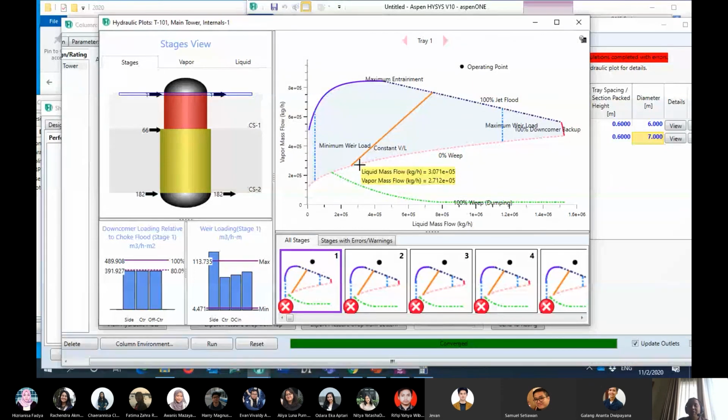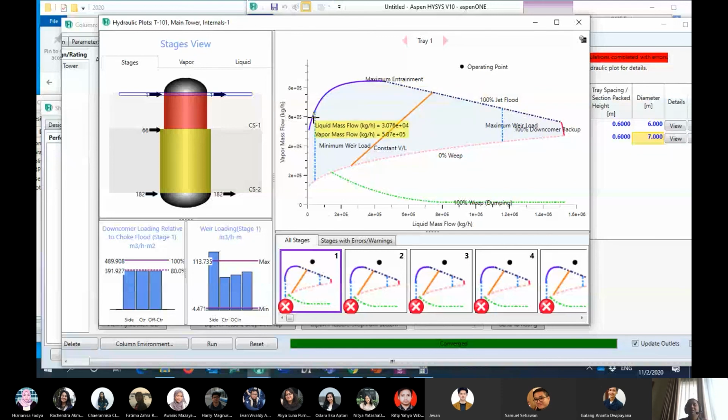The operating window is limited by weeping, then downcomer pickup, then flooding, this line, and also entrainment.